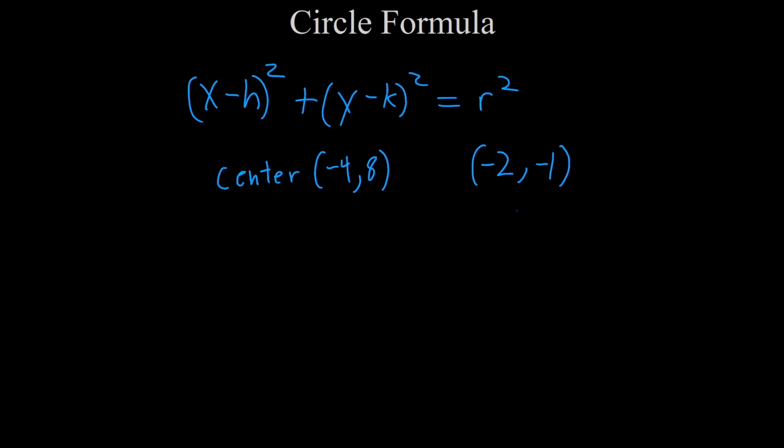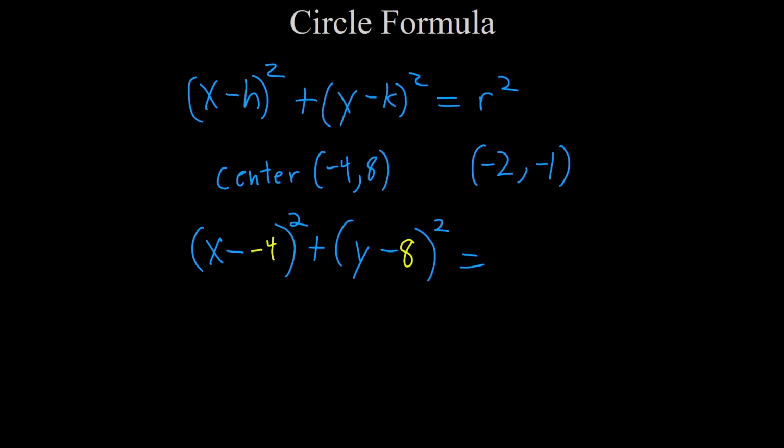Well, first we can definitely write out our first half of the formula. (x − −4) + (y − 8), and both of these are squared, is equal to, now we need to find our radius.